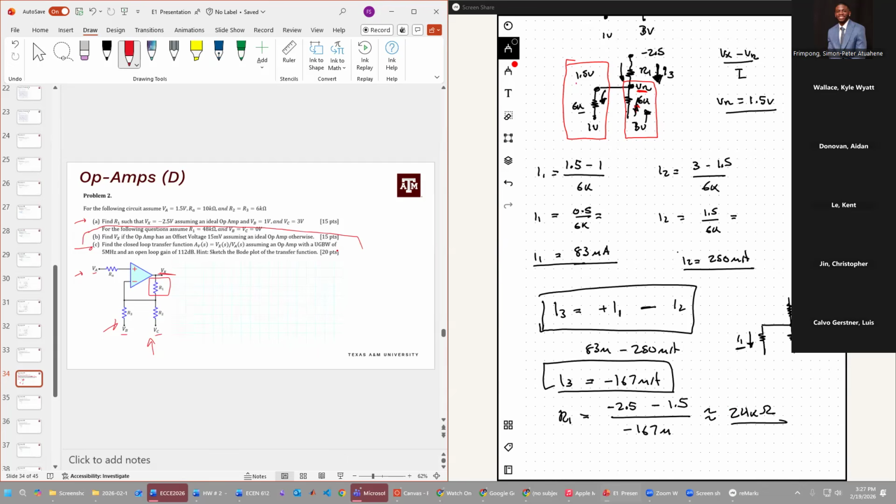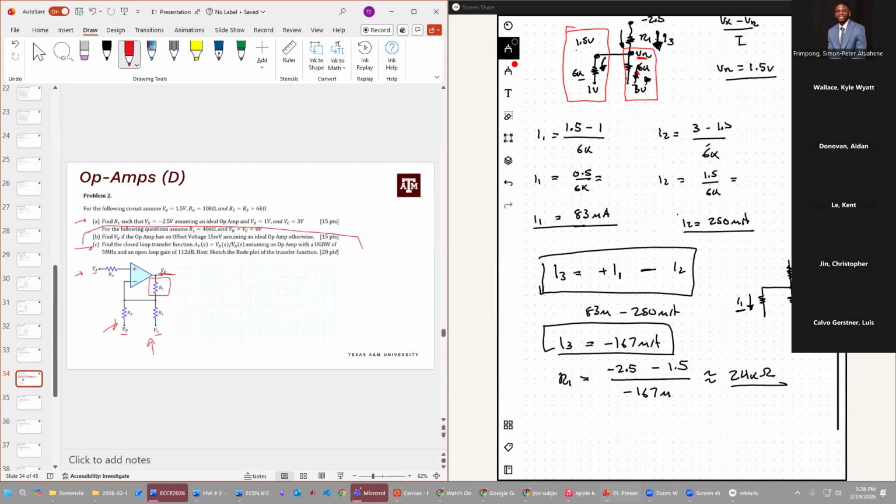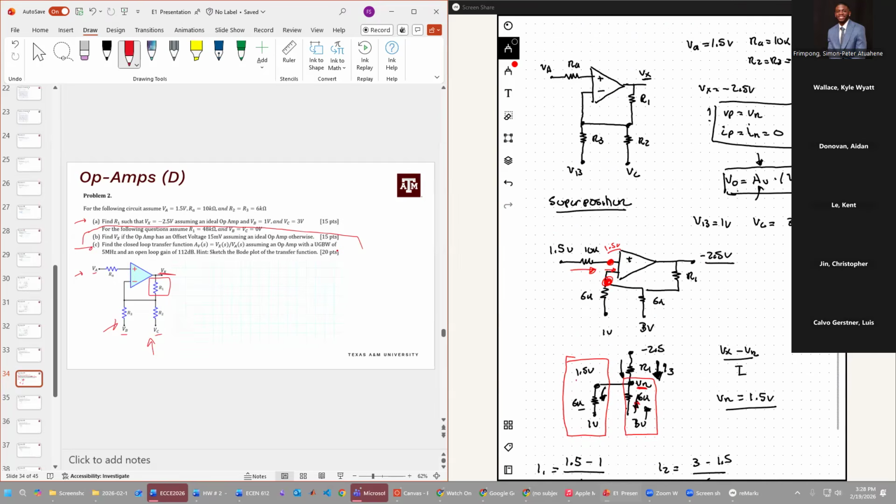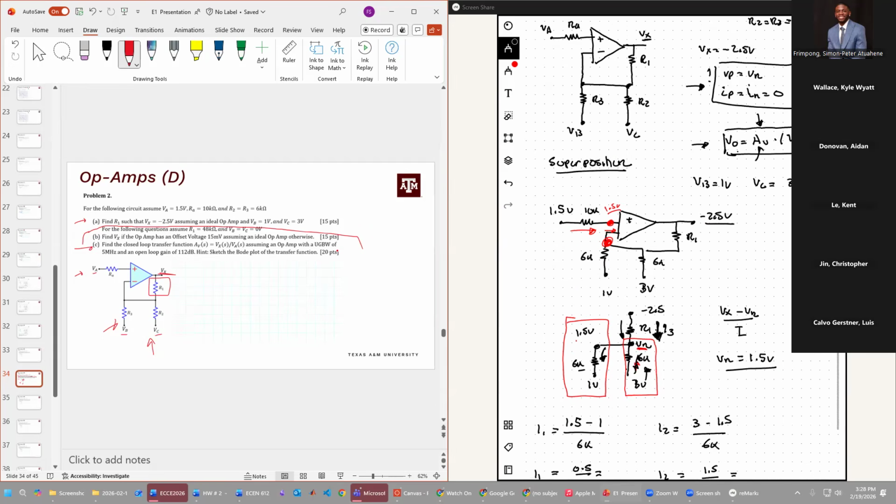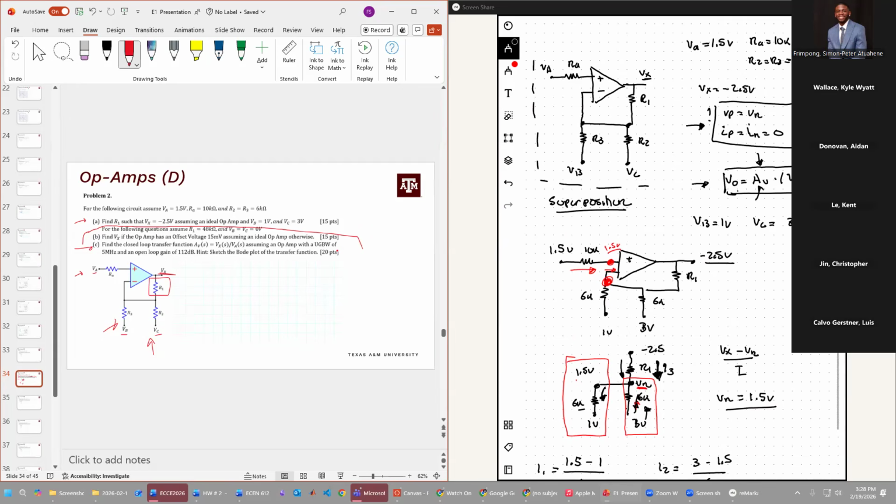Okay. There you go. So the key takeaways in terms of how you set up these problems: first and foremost, is it ideal or is it not ideal? The first part of the problem told us right away. From there, taking a look at how the circuit is configured is very important. You can see what tricks you can take advantage of from 214.